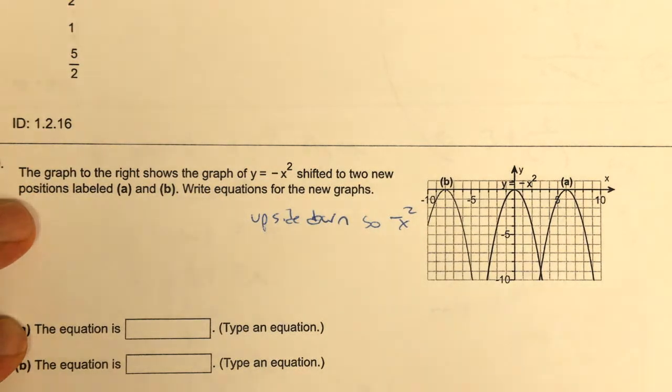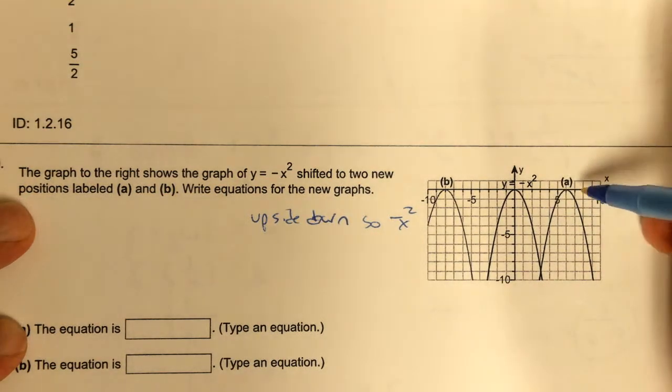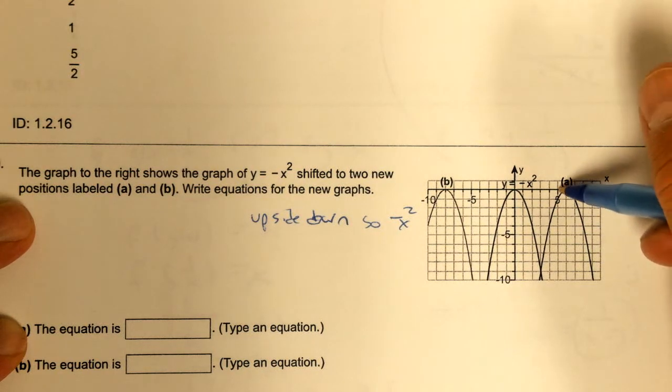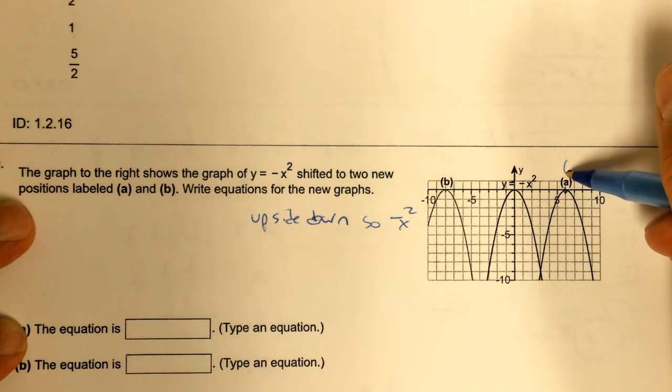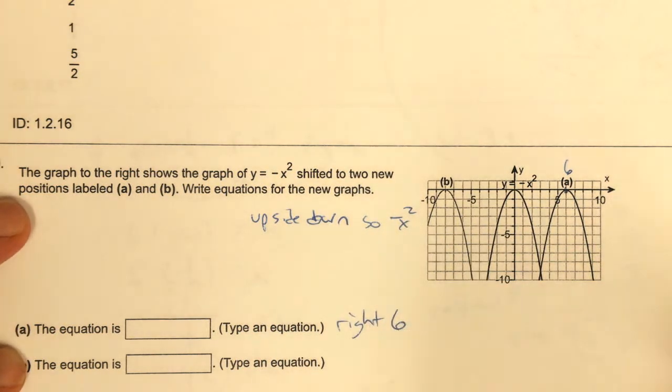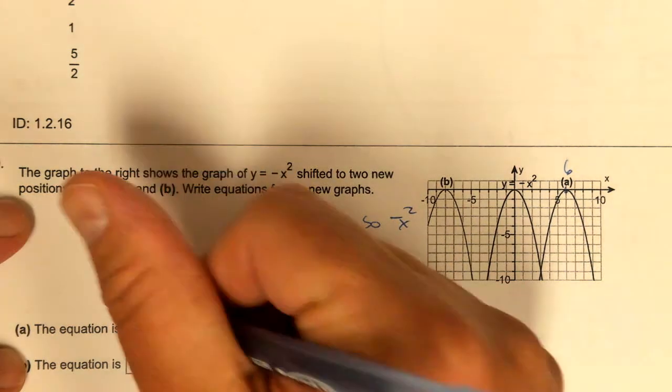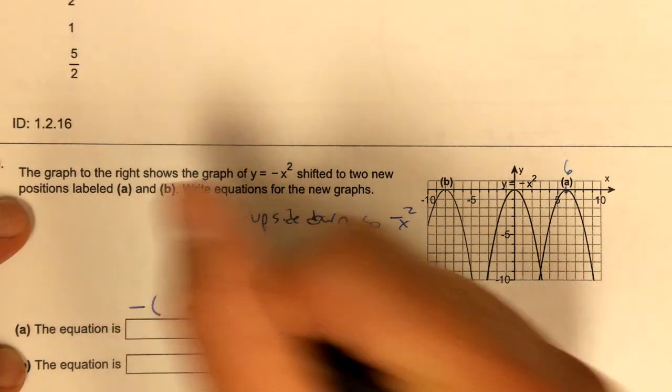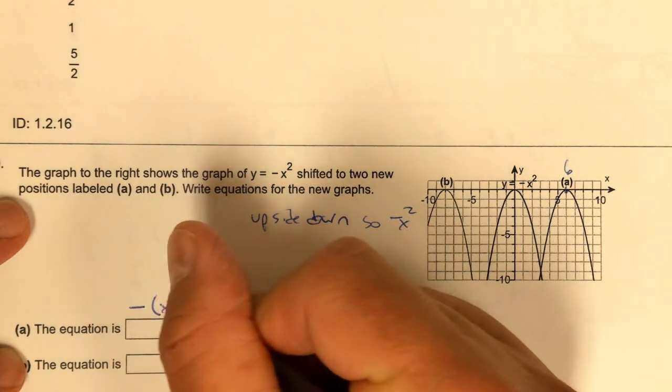And then the next step would be on A, if this is the 5, then you're going here, which is 6. So that one you're going right 6. So because of that, you go minus, and if you're going right, it's going to be a minus sign.